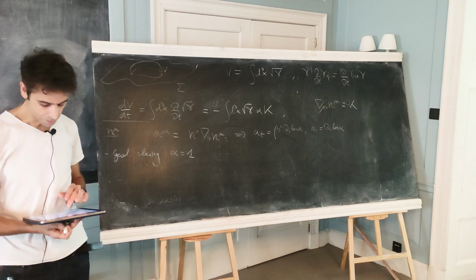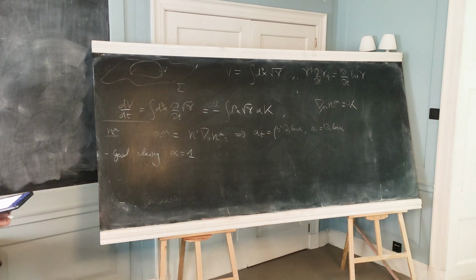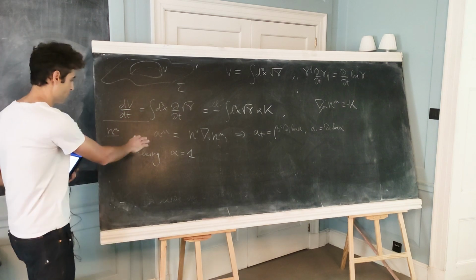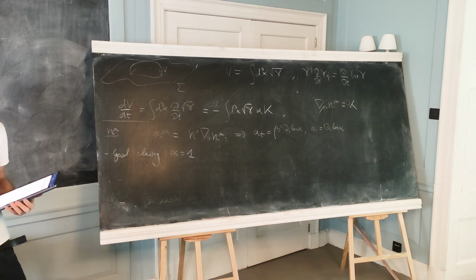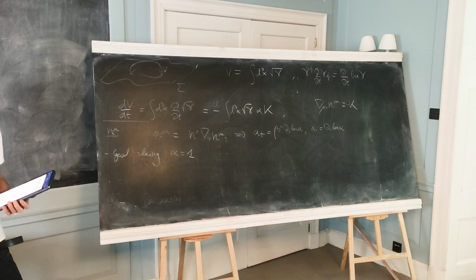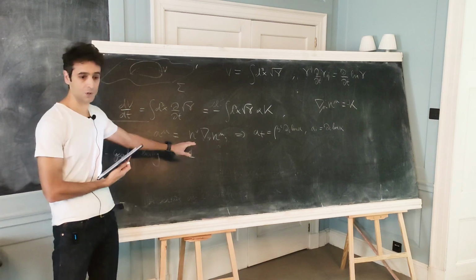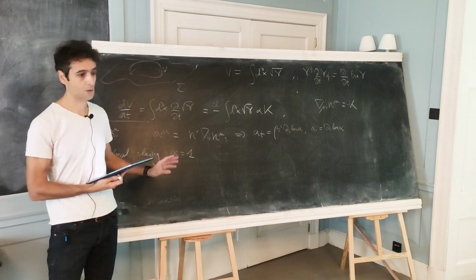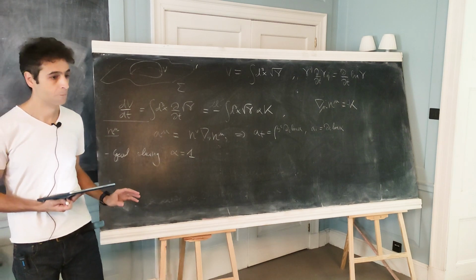But now you see the problem. The problem is that these coordinates will become singular. And the reason is intuitive, because if you are in a gravitational field, the free-falling observers will be focused. So there's nothing that will prevent those observers from colliding with each other. And then when they collide, this will result in a coordinate singularity, because the coordinates will no longer be 1 to 1.